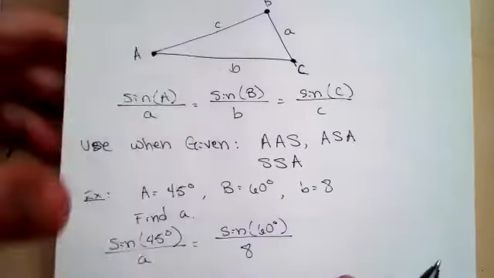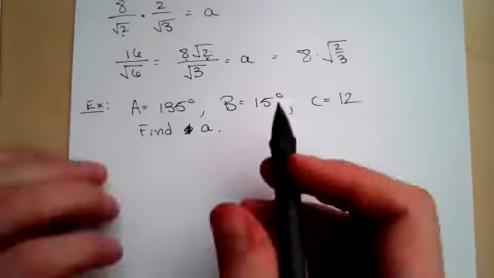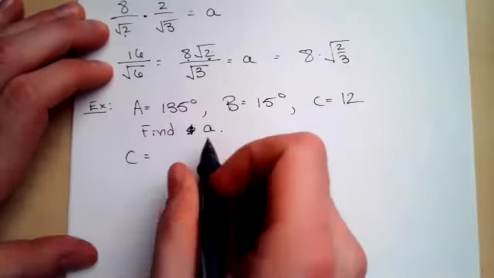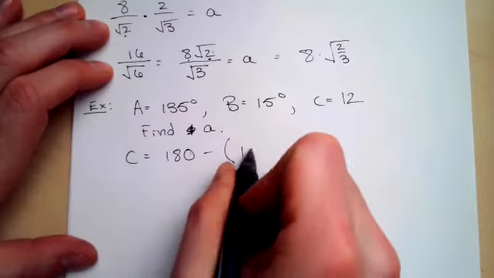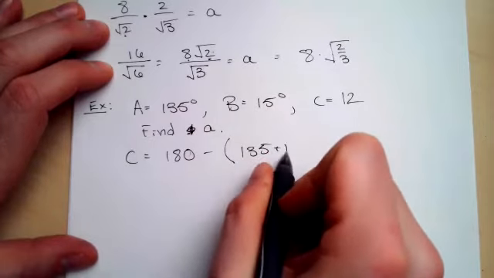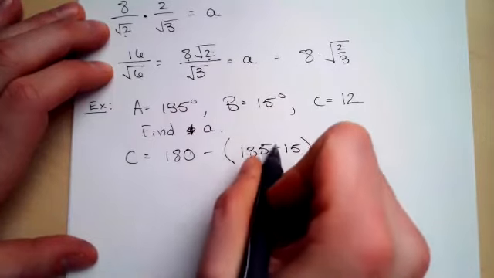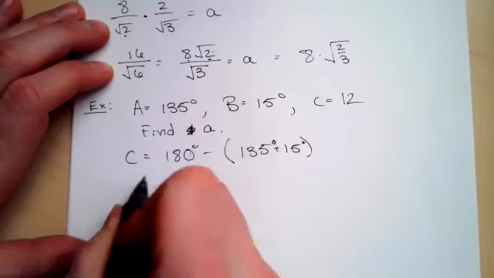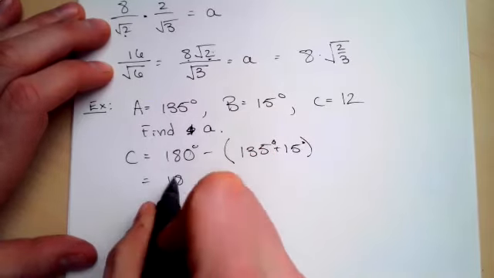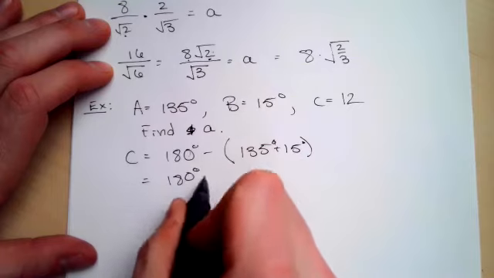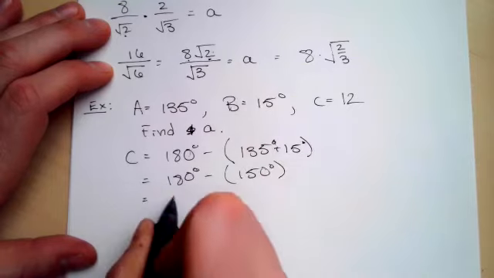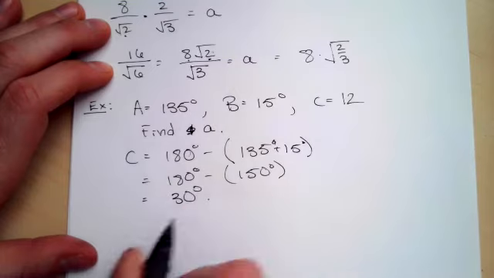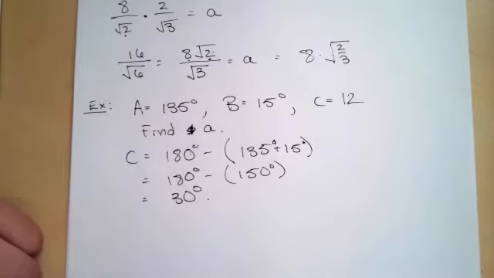So one small step before we use the law of sines, we can say that C is 180 minus 135 plus 15. Of course, all those are in degrees. And 135 and 15 is 150. So our C is 30 degrees.